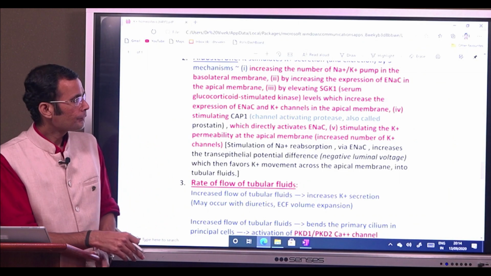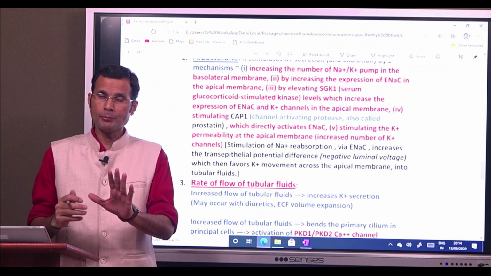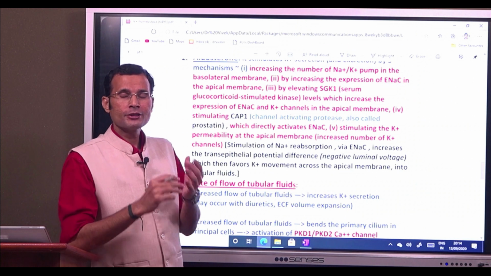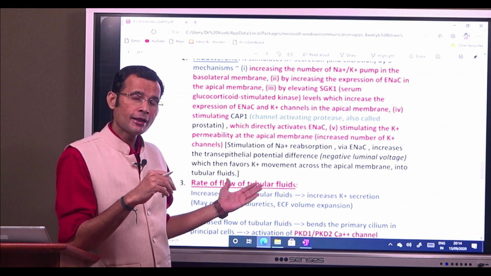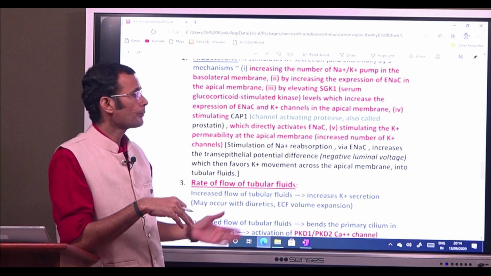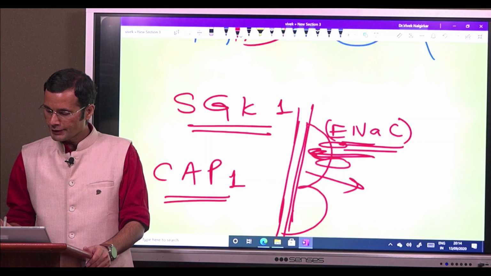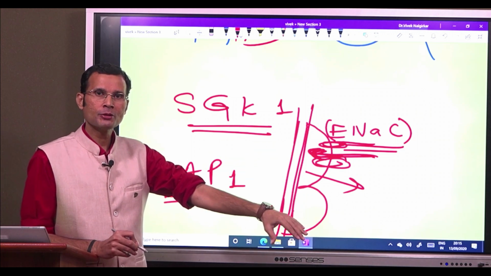And so that is the fifth action I am mentioning for aldosterone. First one, it increases sodium potassium pump activity on the basolateral side of the principal cell. Second, increased expression of ENaC, so that sodium reabsorption increases through ENaC and that drives the potassium out.